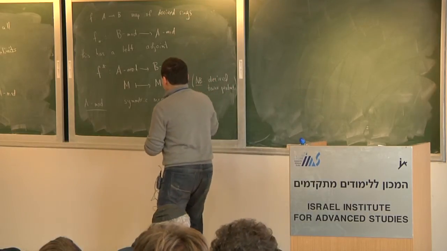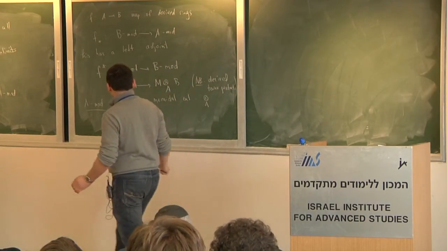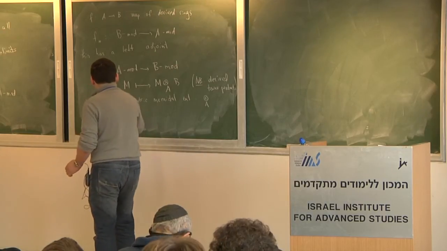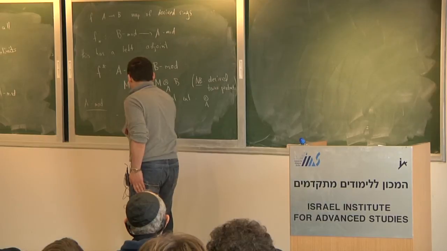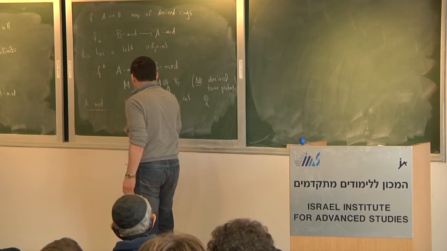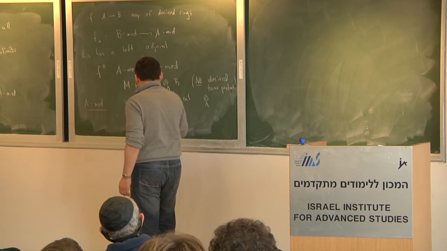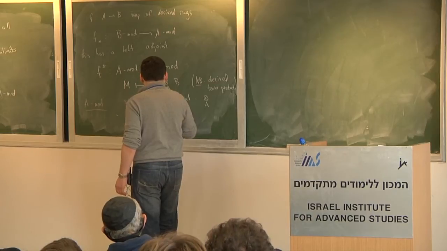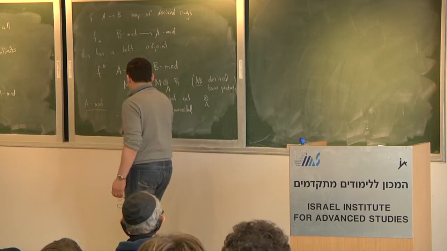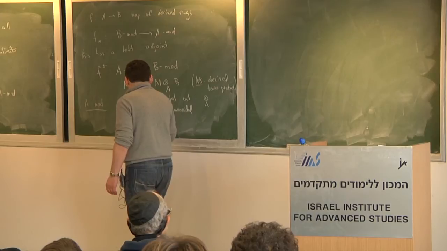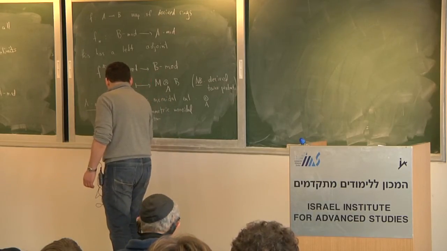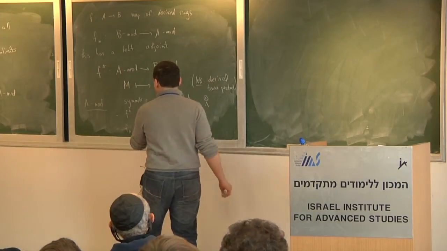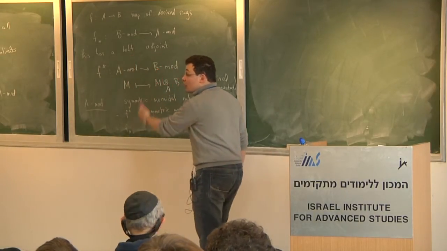So this has a symmetric monoidal structure, and with respect to this symmetric monoidal structure, more or less tautologically, this F upper star is a symmetric monoidal functor. And F lower star, well, let's see what F lower star is. F lower star, of course, is not a symmetric monoidal functor.